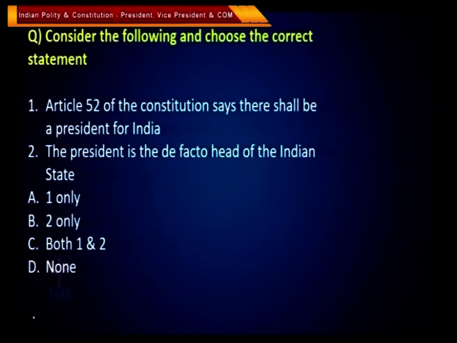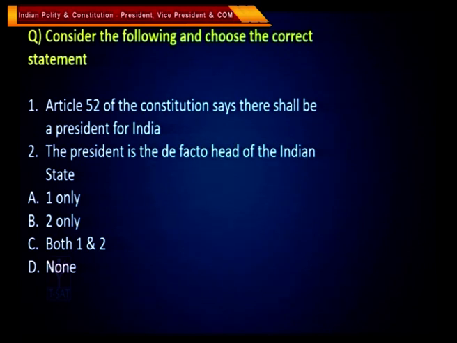Let's not waste more time. Let's get into the first question with regards to these three constitutional authorities. Look at the first question, friends. Our main intention in having these classes is to make you understand two things.